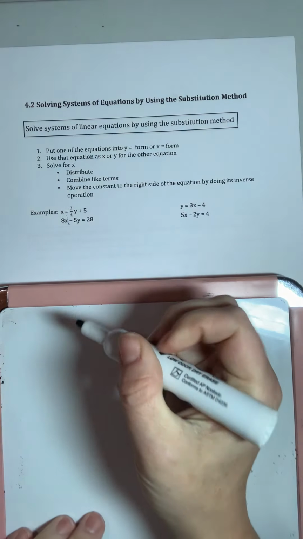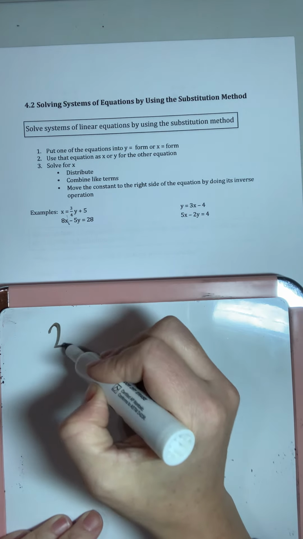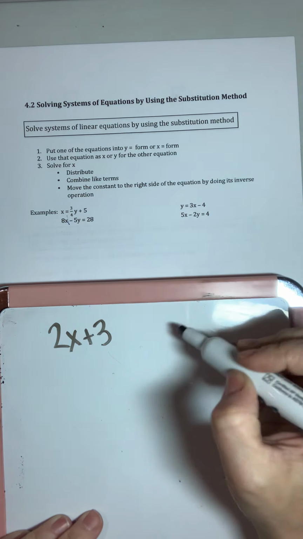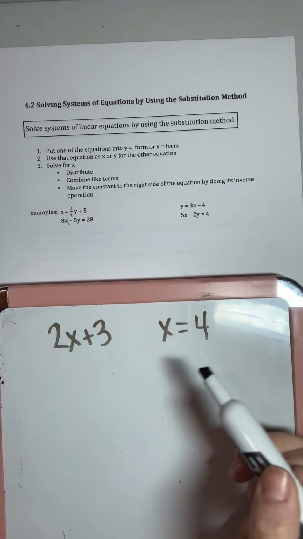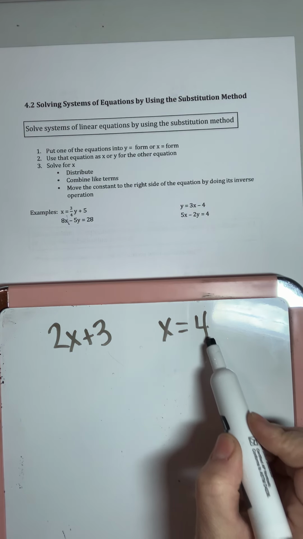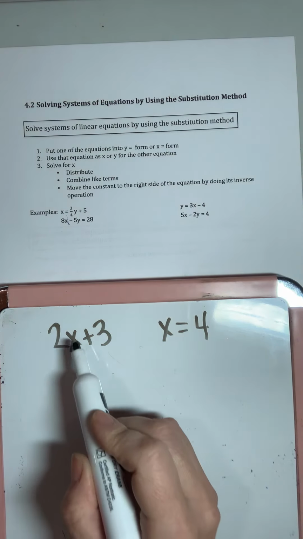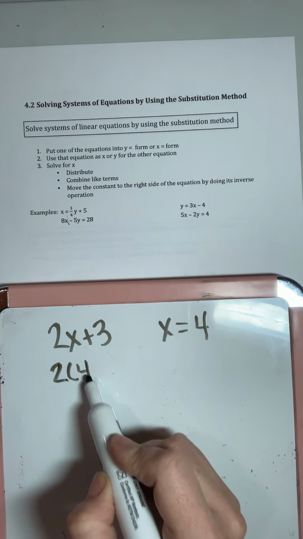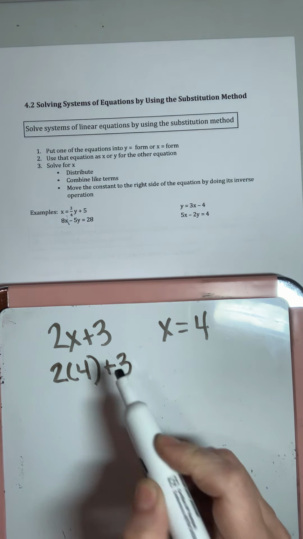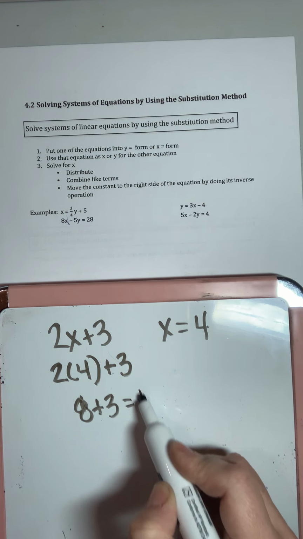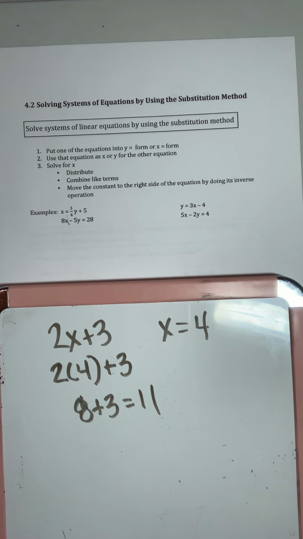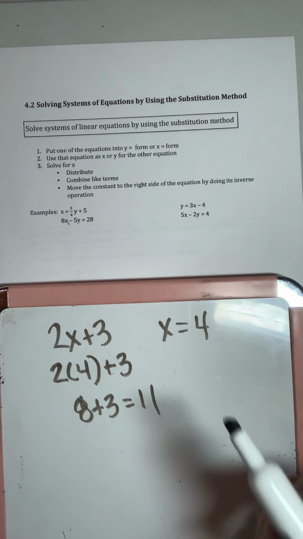And let's say that I had 2 times x plus 3, and I knew that x was 4. Well, how would you solve this? You would substitute the 4 in for the x, and you would get 11. Okay?